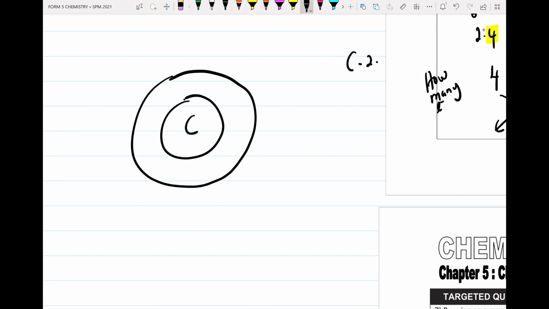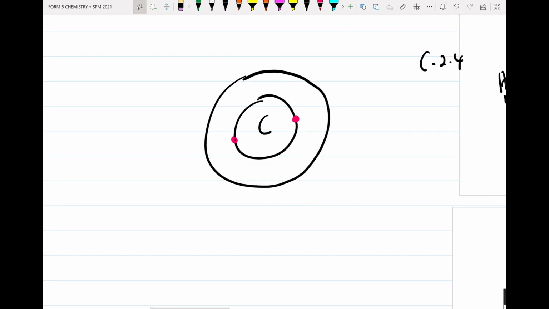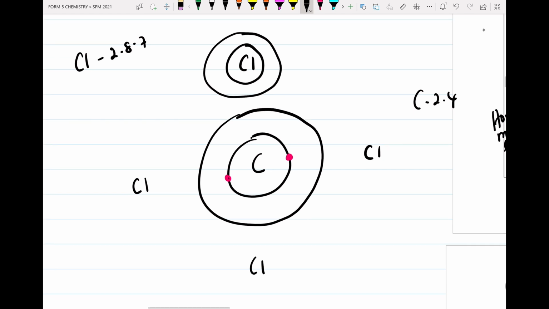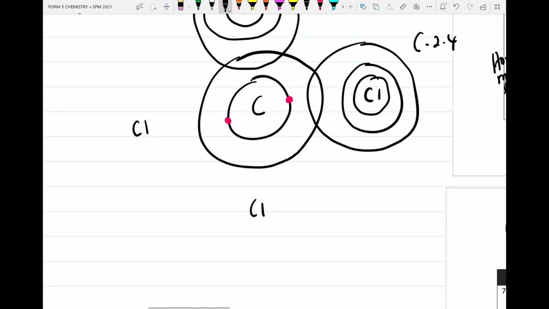First shell 2 electrons, second shell leave it empty, and check the formula. Chlorine has 4 atoms, so I put 1 chlorine atom here, 2, third one, and fourth one. Each chlorine atom has 2.8.7. So first shell, second shell, and the valence shell put inside for sharing.